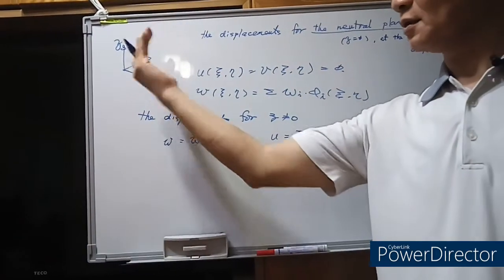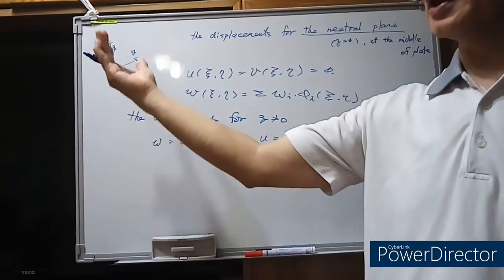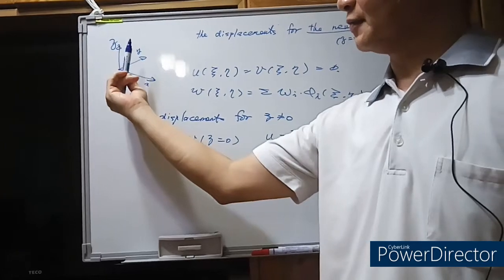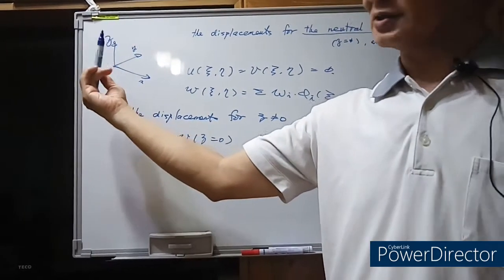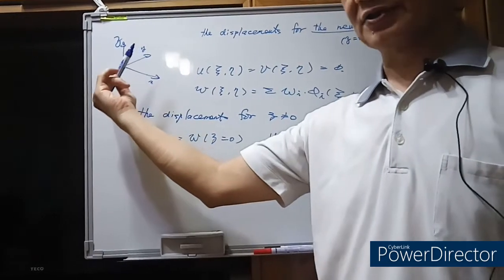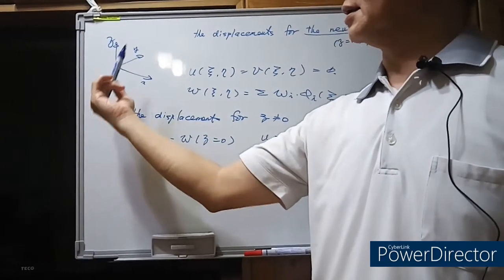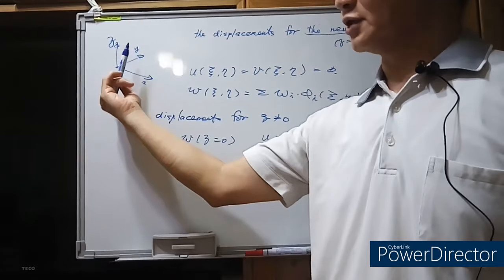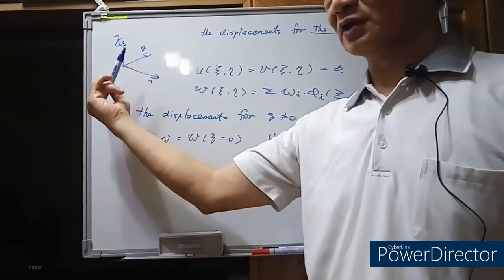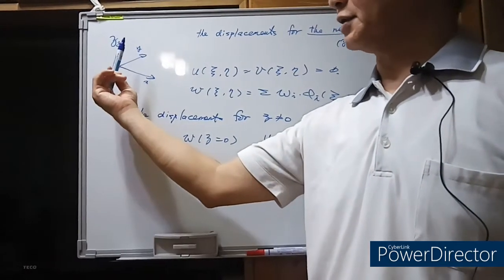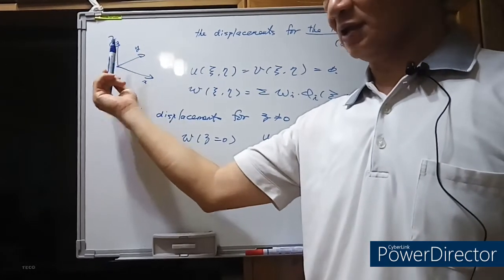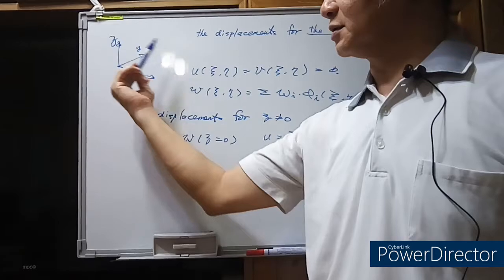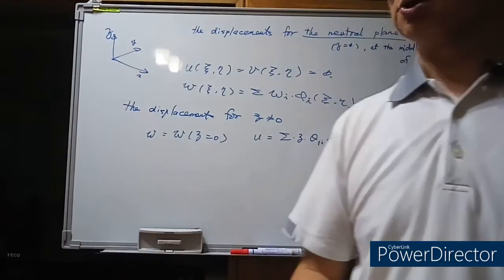Okay, then you need to imagine there is an axis, and the axis rotates about the y-axis by the angle theta y, and for these rotations of the axis will create the displacement. It will create the displacement along the x directions.